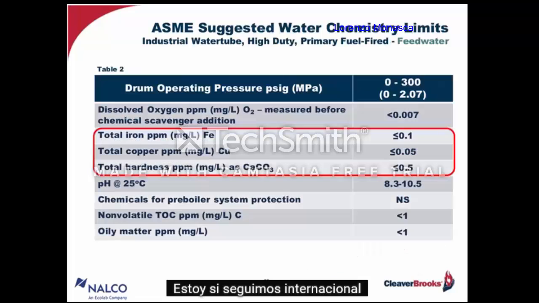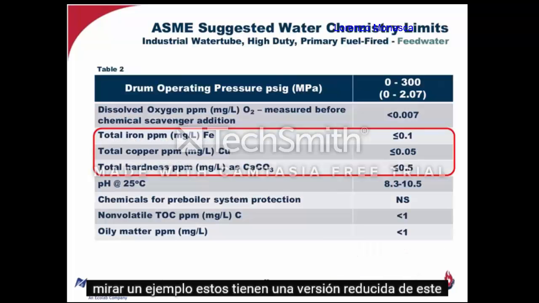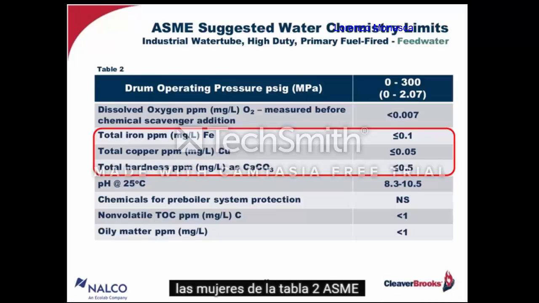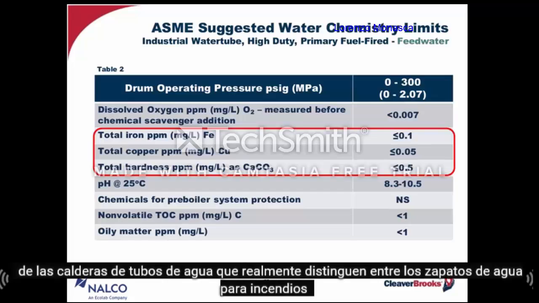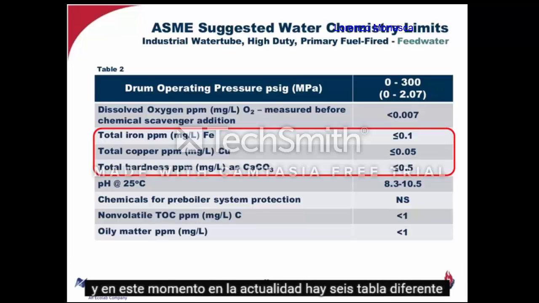If we go on and actually look at an example, Steve had a pared down version of this earlier, but this slide shows the suggested feed water chemistry limits from the ASME Table 2 for water tube boilers. They actually distinguish between water tube and fire tube, and right now there are currently 6 different tables.